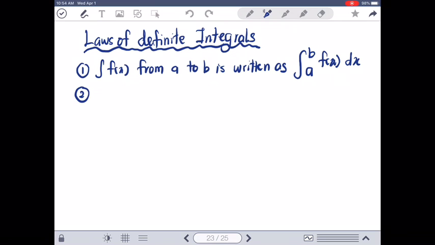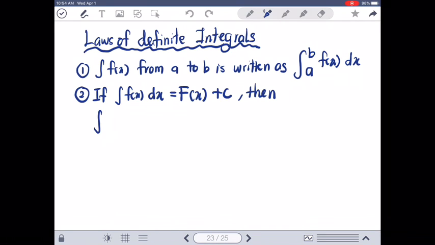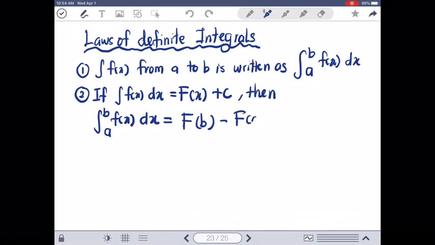Second, if we integrate f of x with respect to x, we get F of x plus c. Then integration of f of x with respect to x from a to b is just equal to F of b minus F of a.